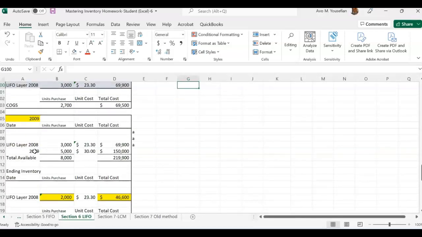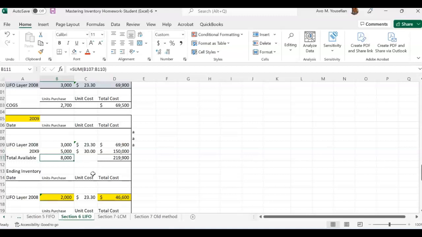But in 2019, we purchased 5,000 units at a total cost of $150,000, $30 each. Then we add them up. So the total available is 219,900 for 8,000 units.